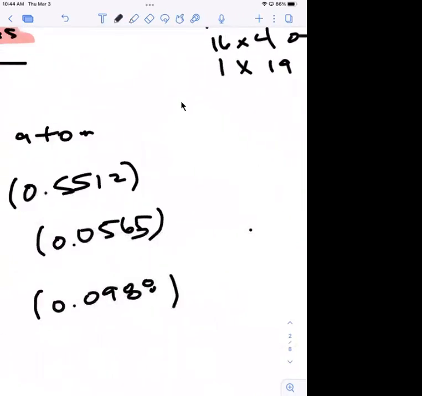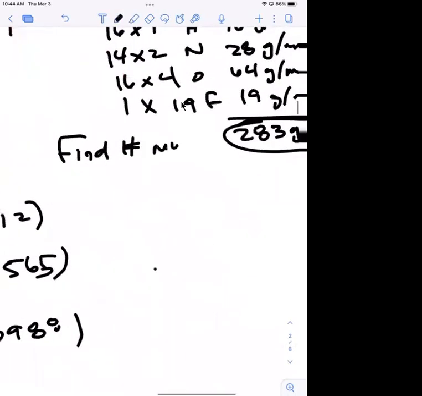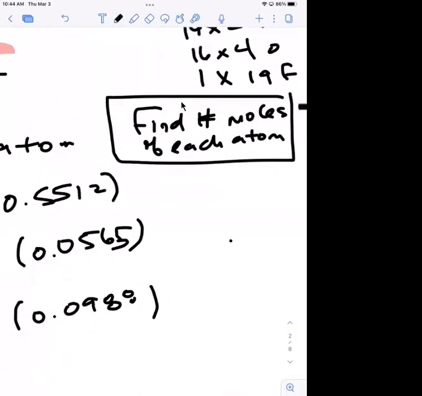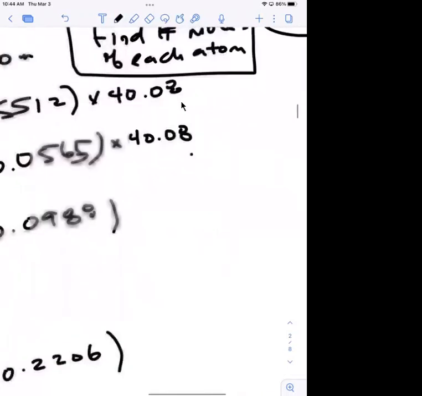times 40.08. We can do the same thing for each one, and it's going to give us how many moles each one of these represents.